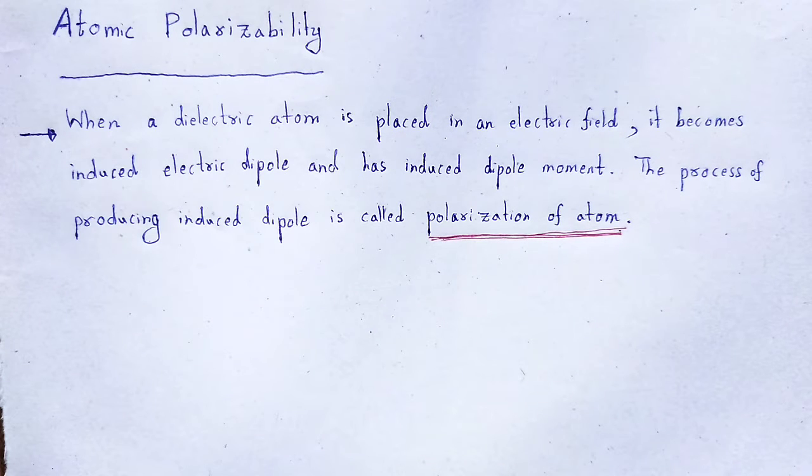But normally, in an atom, there will be no such induced dipole moment due to electron as well as proton. But if it is present in an external electric field, then distortion may occur.